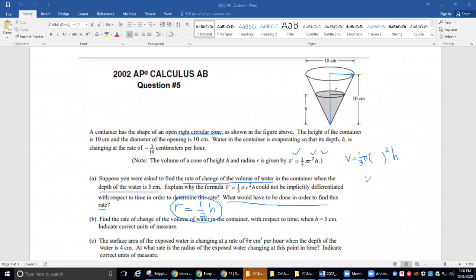Remember that rates look like this in calculus: dh/dt is equal to, they tell you right here, -3/10 centimeters per hour. That's a rate. They want you to find dV/dt eventually.